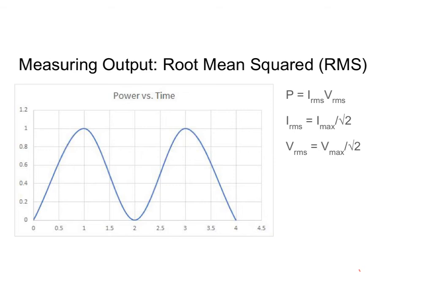We define our root mean squared current as the maximum current divided by the square root of 2, and our root mean squared voltage as our maximum voltage divided by the square root of 2. And it's with these values that we can compare one alternating current generator to another, and therefore talk about them in a meaningful way.